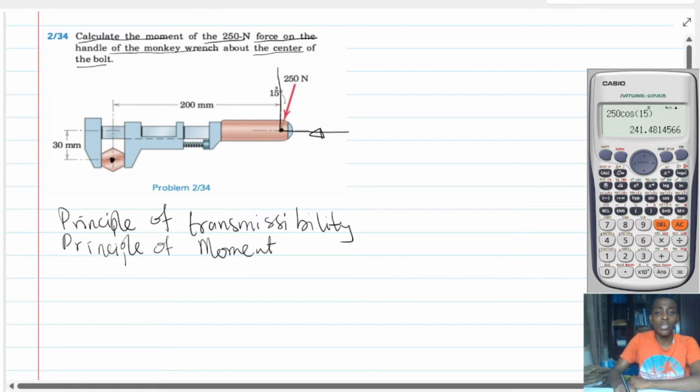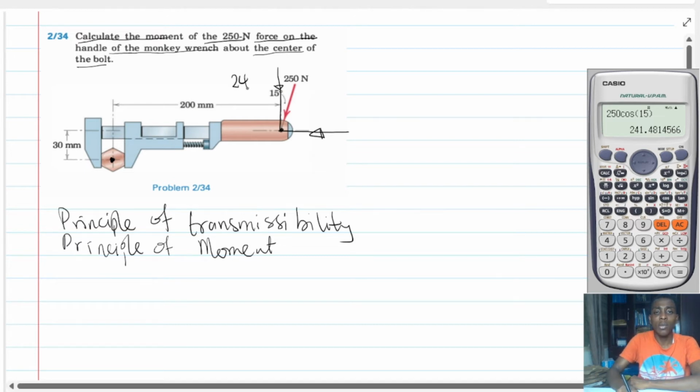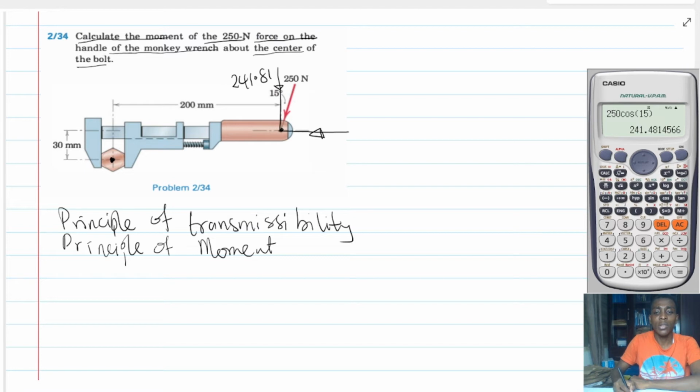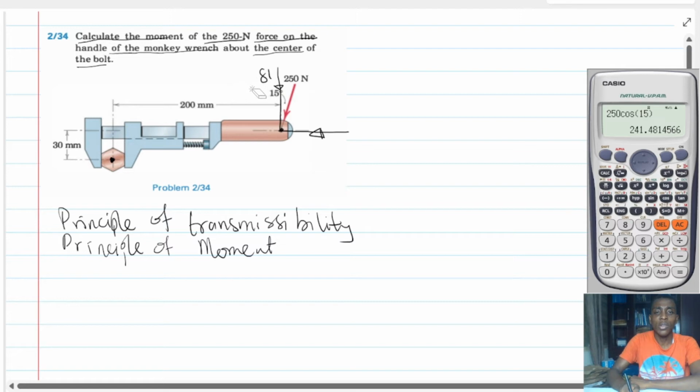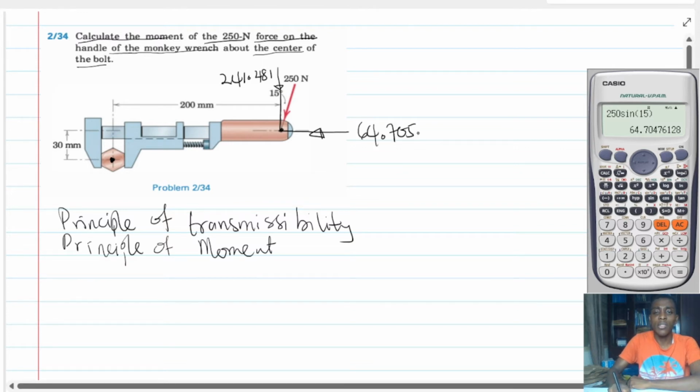The vertical side is cosine. And then the x component is going to be sine. So 250 sine 15, that is 64.705 newtons.